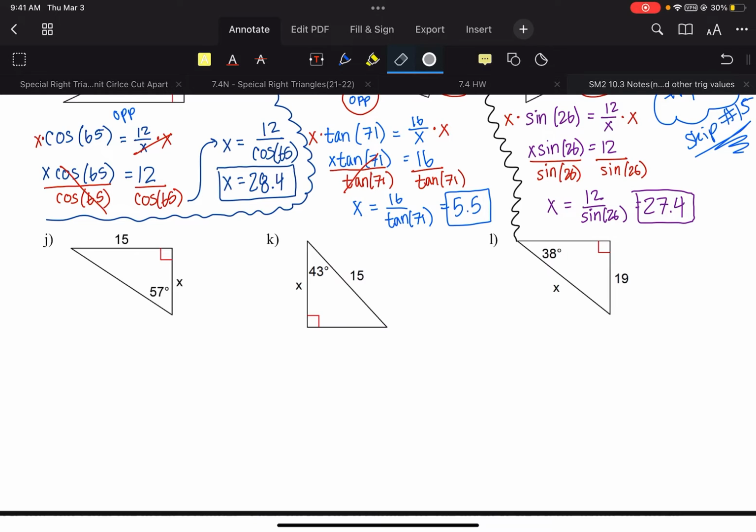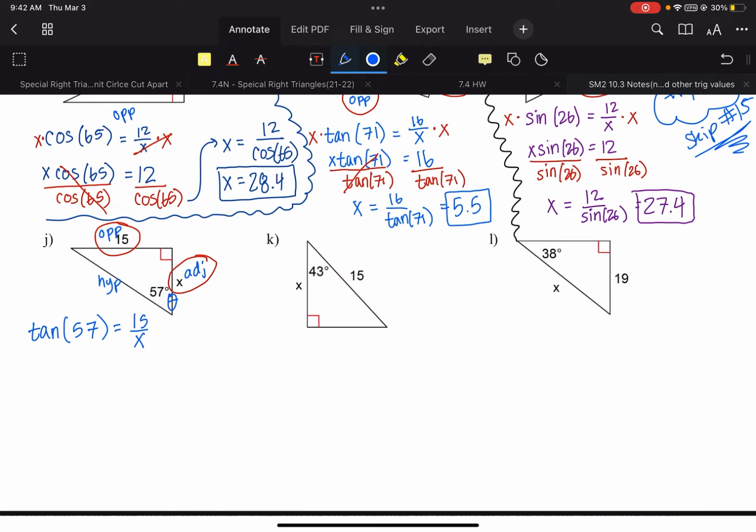So in these next 3 examples, I am going to put my theta where the angle is, and then label the sides opposite, hypotenuse, adjacent. My opposite is 15, and my adjacent is x. So I'm going to use the tangent, because the tangent is the ratio that deals with the opposite and the adjacent.